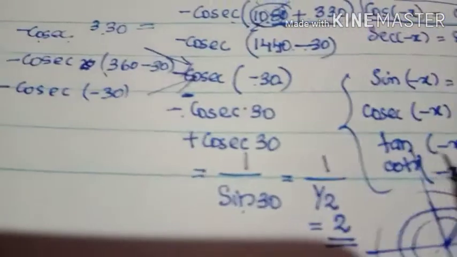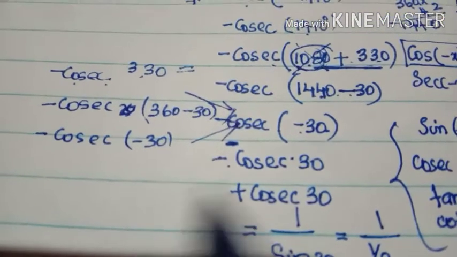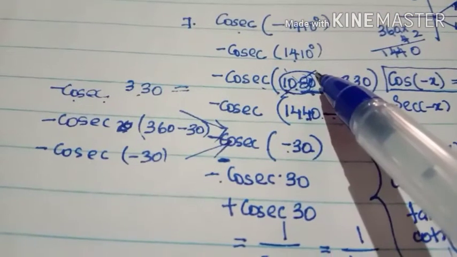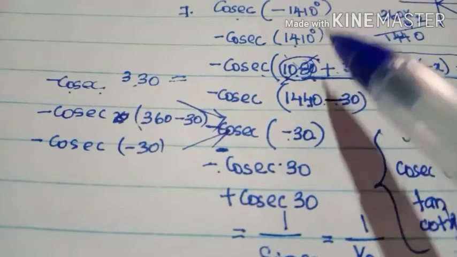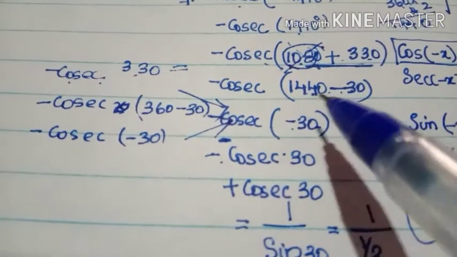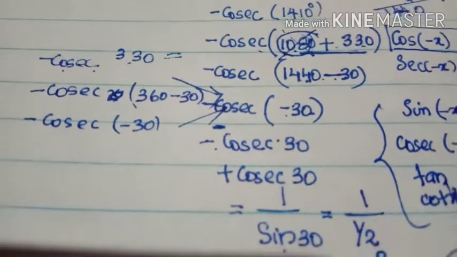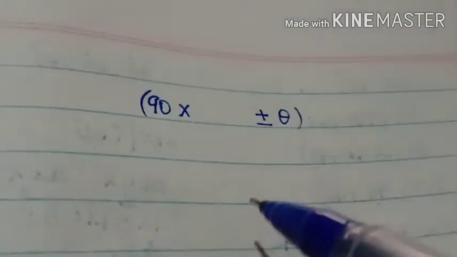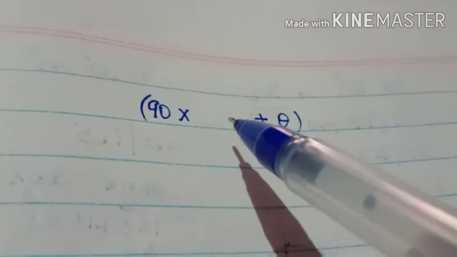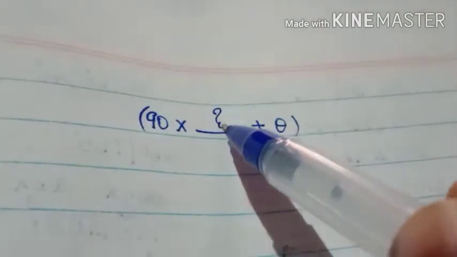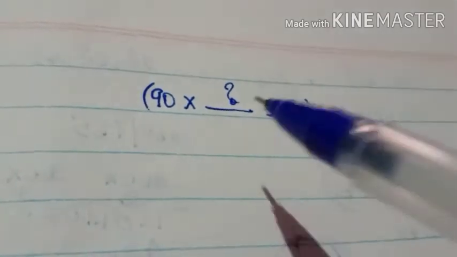Okay. Now another method is, here we convert this angle into 360 or multiples of 360. We can convert this angle into 90 also. I will tell. Let's see. Listen, suppose we have an angle and convert this angle into 90 or multiples of 90, plus or minus theta.